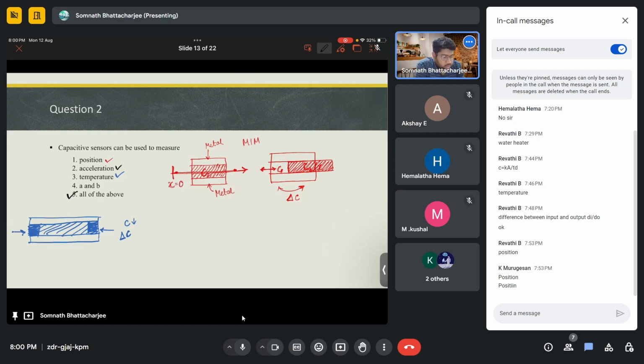Let me give you the answer. Think of a structure like this, where we have a connecting structure, and we have fingers like this.